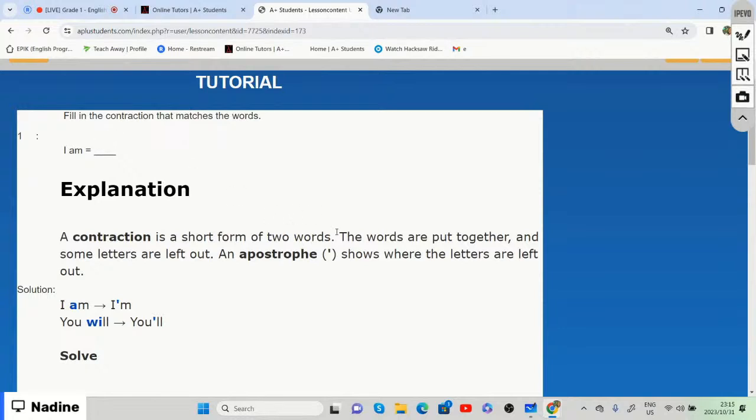This is now basically a shorter form of two words that we put together to make one word. So how would we write I am if we were to shorten it in the form of a contraction?